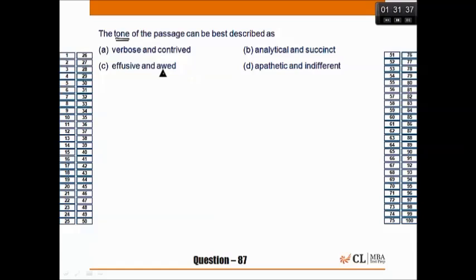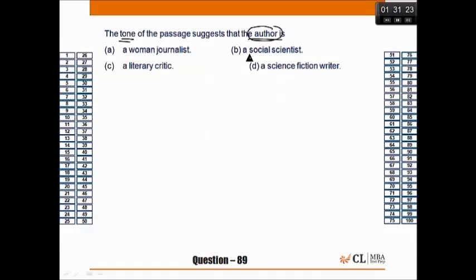Tone is odd. Odd is very positive. No. Contrived and verbose. No. Apathetic, analytical, and succinct. I think this would be the one. That's a tone. Neutral tone. Looks analytical. Tones, author: women journalist, literary critic, not a literary critic, talking about science, a science fiction writer, no, women journalist or social scientist should be the one.